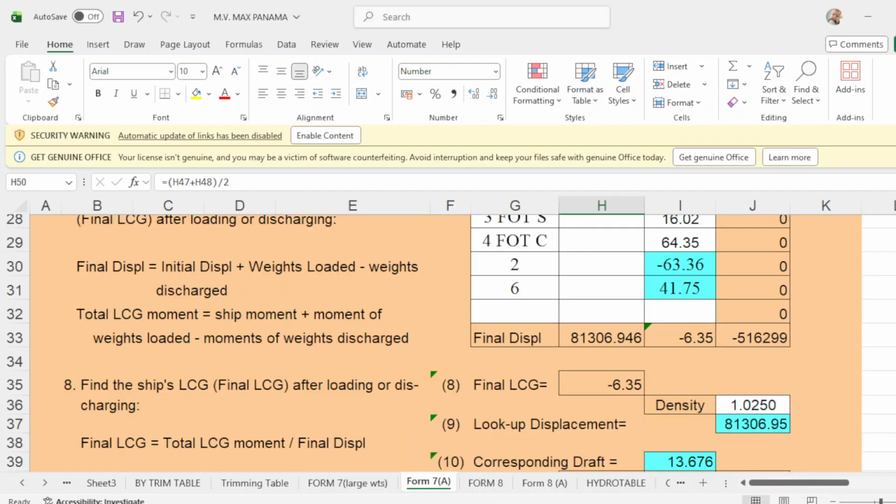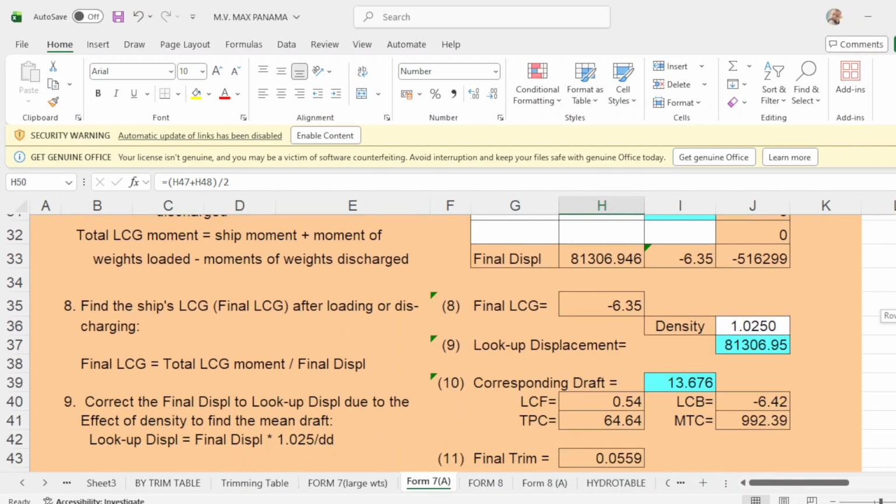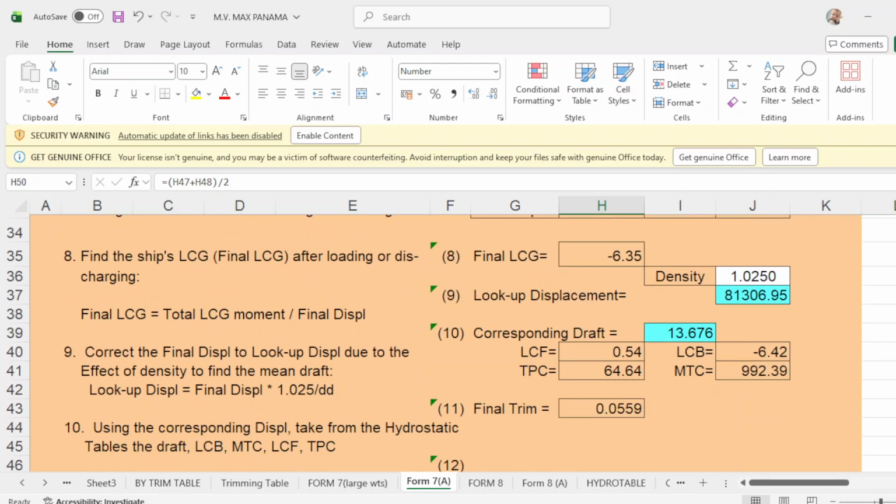So this is number 9. Correct the final displacement to look up displacement due to the effect of density to find the mean draft. So look up displacement is final displacement times 1.25 over local density. The answer to that will be 81,306.95.